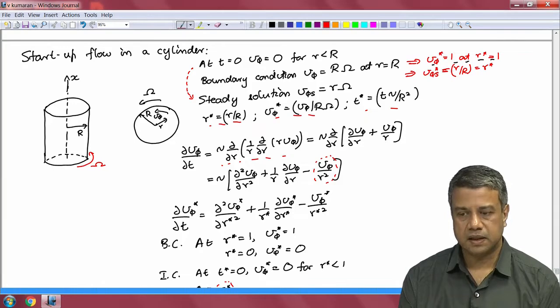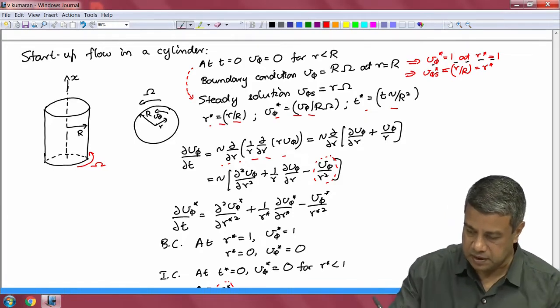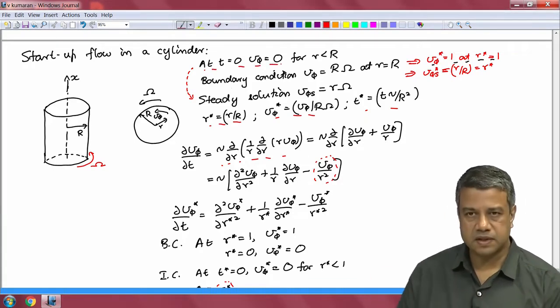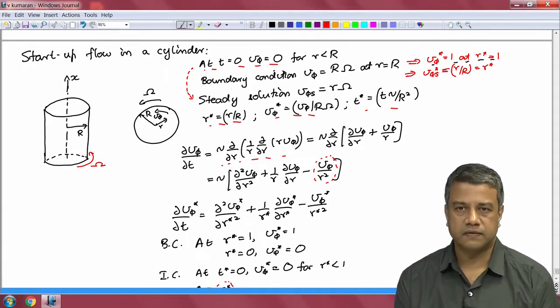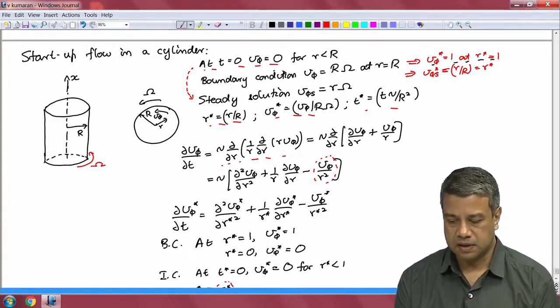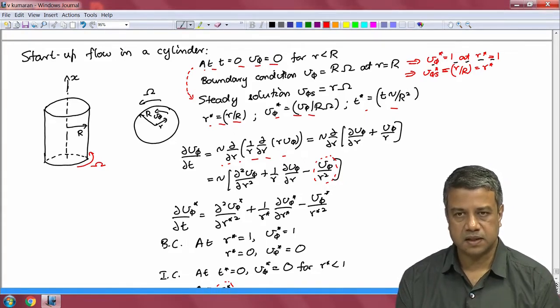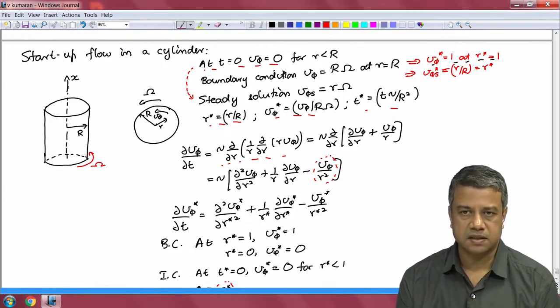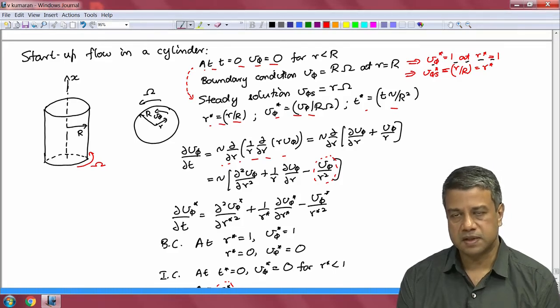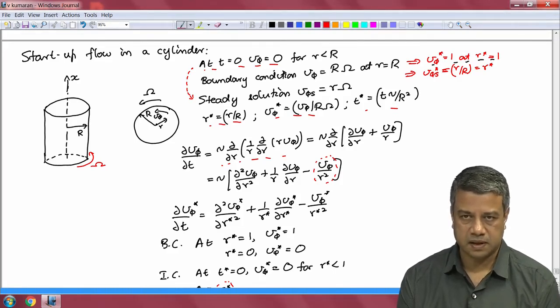So, basically, the linear velocity at a location r from the axis is the product of the angular velocity and the distance from the axis.